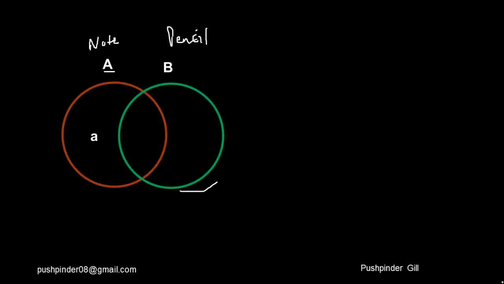Now if you want to calculate A union B, what is A union B? A union B is nothing but either A or B. The meaning of this is also equal to either A or B. So he can ask you the question in any way, right? So how do you calculate that in terms of A and B?